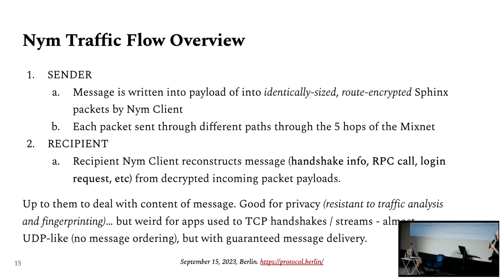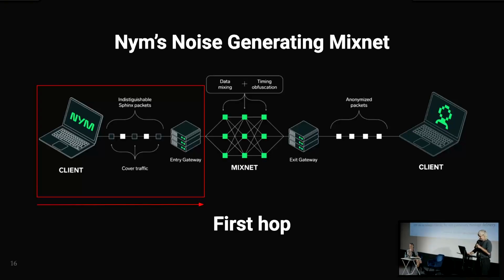You're expecting things like handshaking and streams, and the mixnet is like a very slow UDP. So you don't get message ordering. You have to do all of this on the other end. It differs in that you do have guaranteed message delivery. So let's dig into how this works at a nitty-gritty level, and some of the quirks that come out of this.